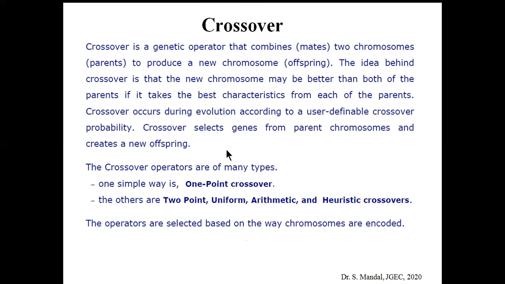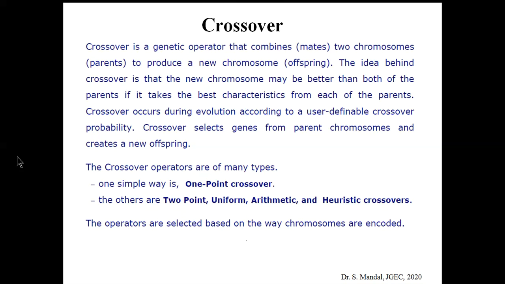The idea behind this crossover is that it is possible the new chromosome may be better than its parent chromosomes. Crossover occurs during the evolution according to a user-definable crossover probability. That is how the crossover will happen, so that should be defined by the user.